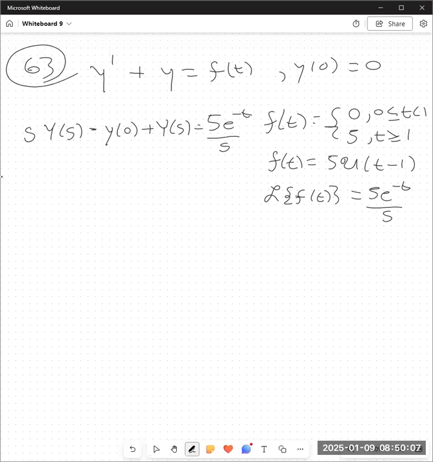And so this is going to be s plus 1 times capital Y of s, where y of 0 was 0, is equal to 5e to the negative s over s. Capital Y of s is equal to 5e to the negative s over s times s plus 1.